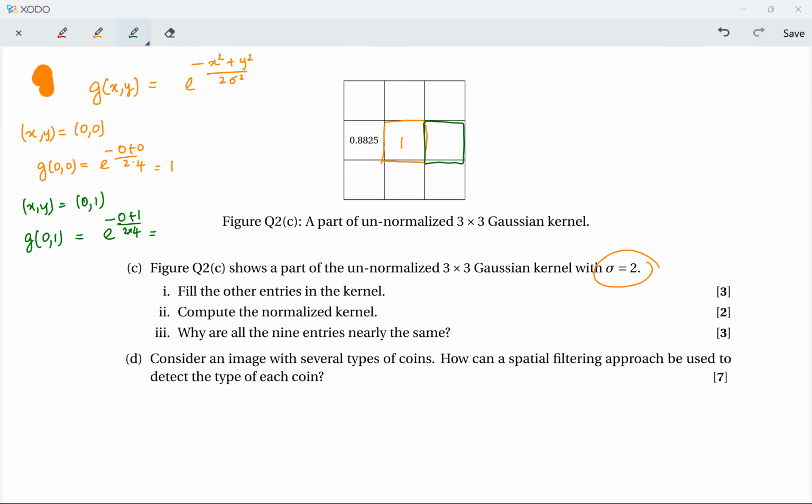Sorry about not being able to do the calculation quickly. Actually, my hands are tied with the computer, that's the problem. 0.8825.